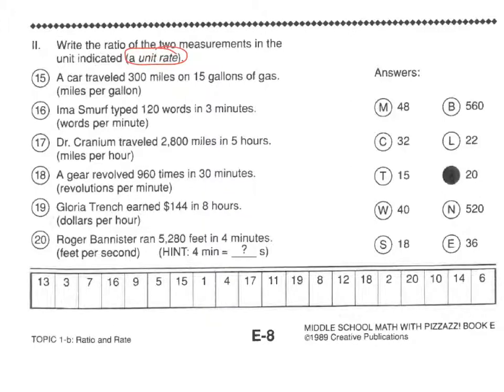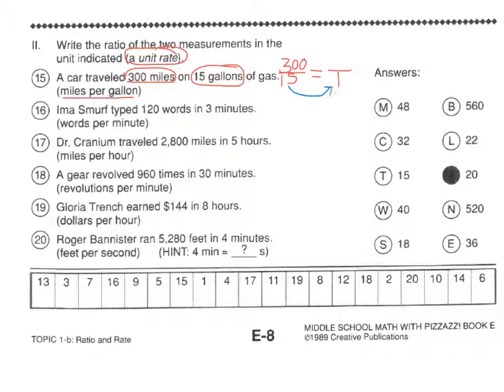So let's do number 15 together. A car traveled 300 miles on 15 gallons of gas. So they want us to find out how many miles per 1 gallon. So we're going to start off with 300 and put it over 15. And I want to know how many miles I can go on 1 gallon.